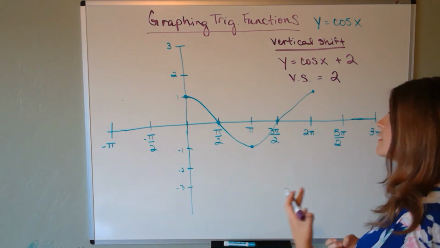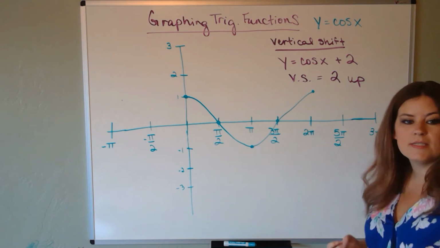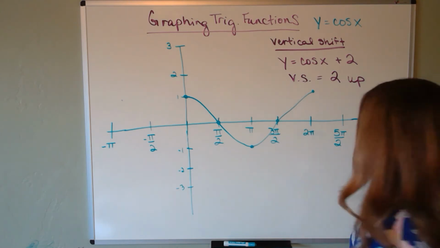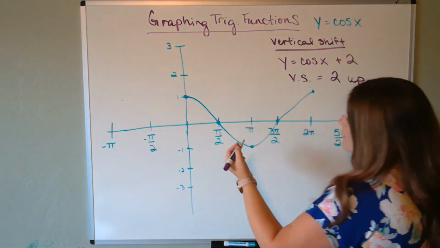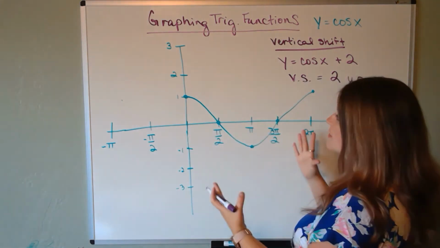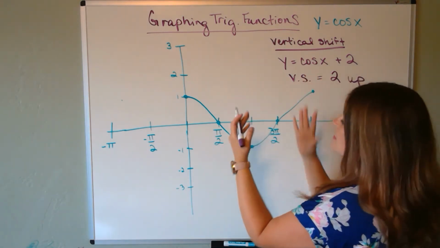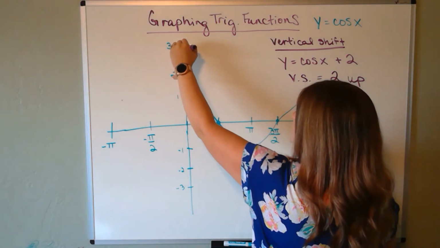What do you think plus 2 is going to do? Yeah, it's going to send it up 2. Or 2 up. Apparently that's how I like to write it. So that means every single point goes up 2. It's a real easy shift. So take this point here, move it up 2. So now it's at 3.